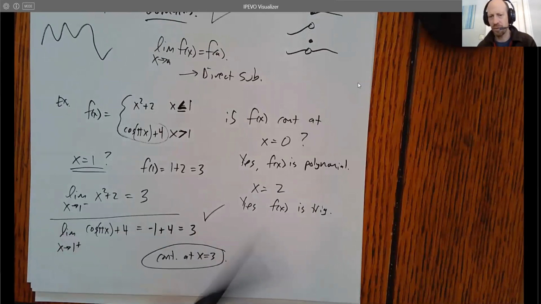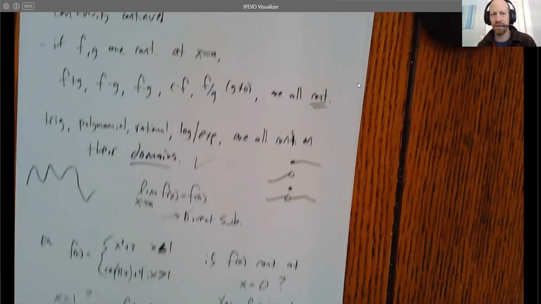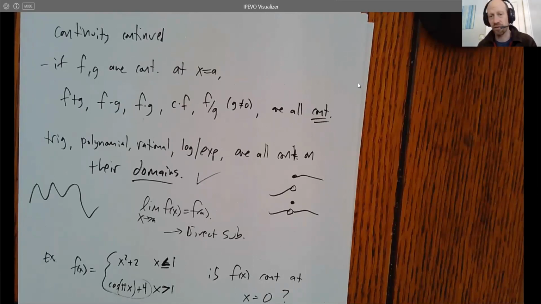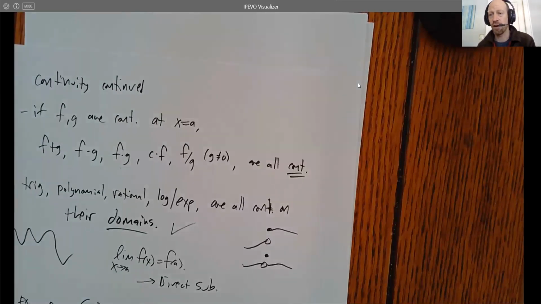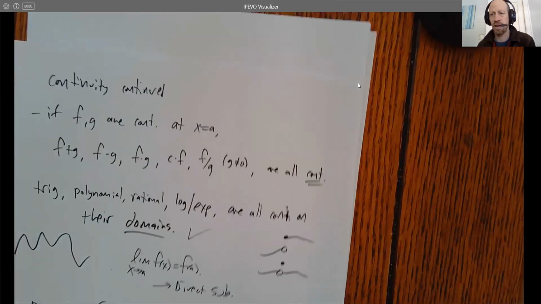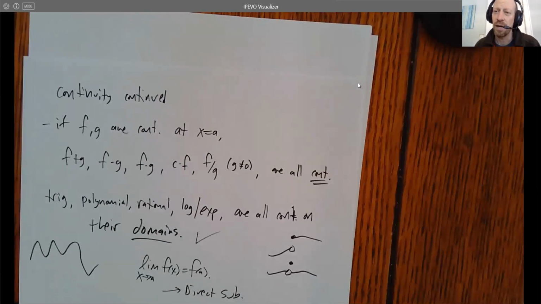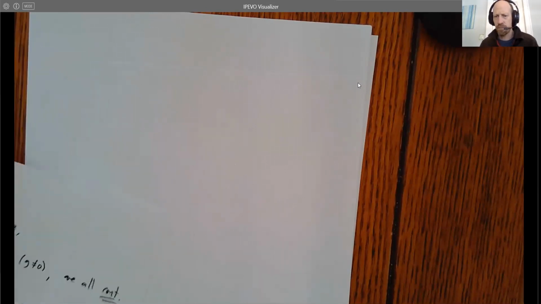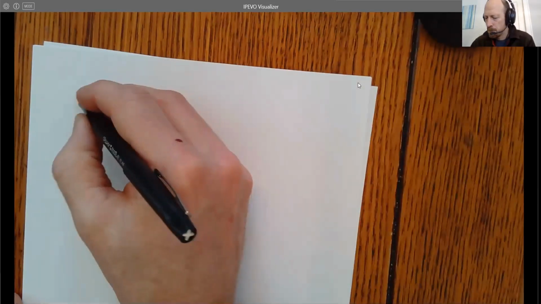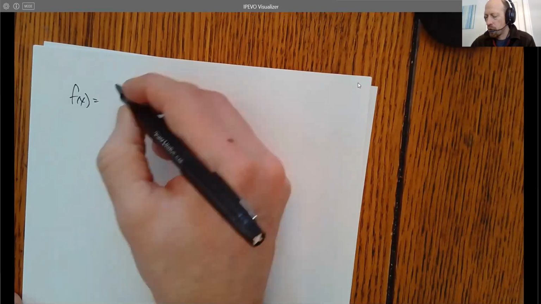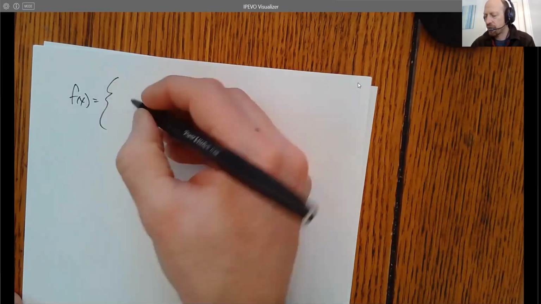So just to make sure that we have due respect for continuity, I'm going to show you a little example of an unusual function and try and explore its continuity. This is one I would often have everybody work on together if we were in class, but I'll talk through it with you here. So I'm going to define f of x like this.